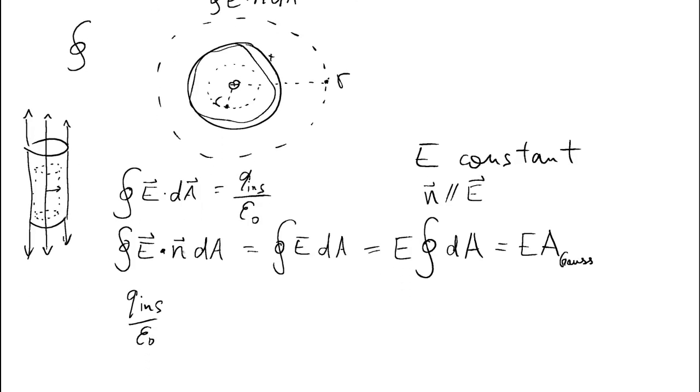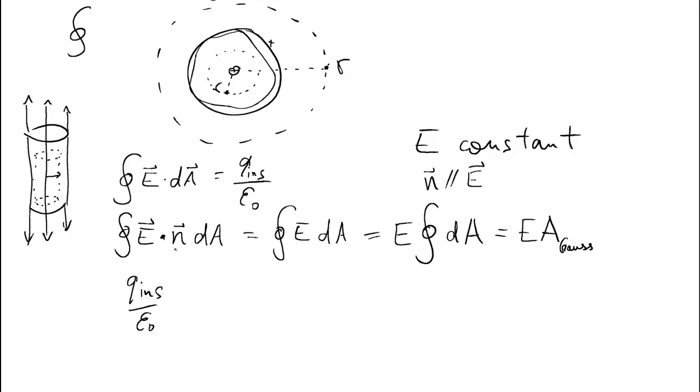That's a bit curious because we're dealing with an infinite line here. So an infinite line that has a uniform charge density will have an infinite charge.